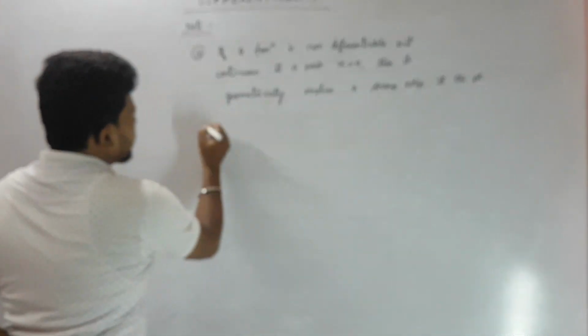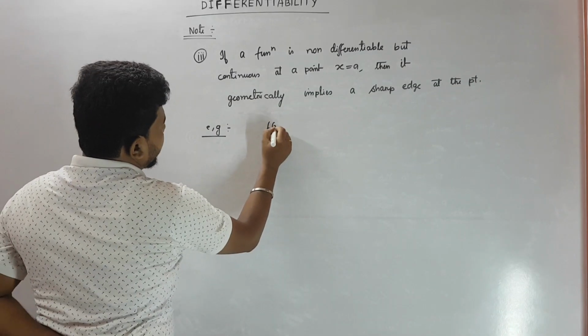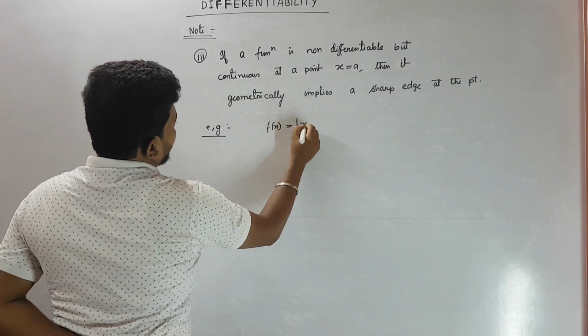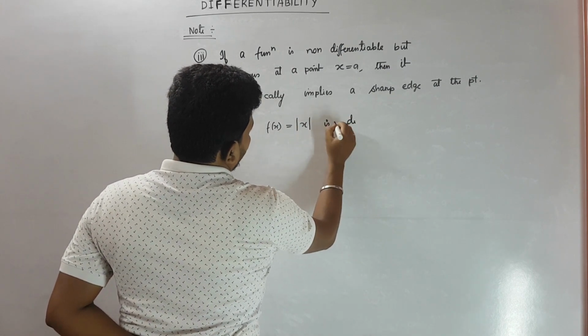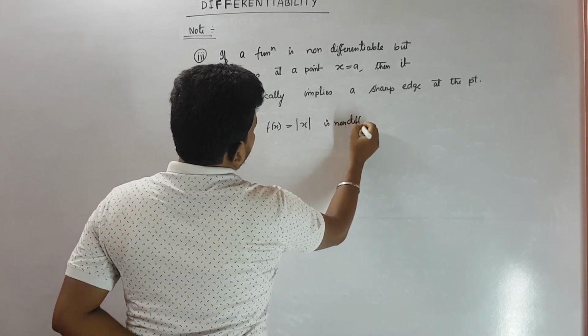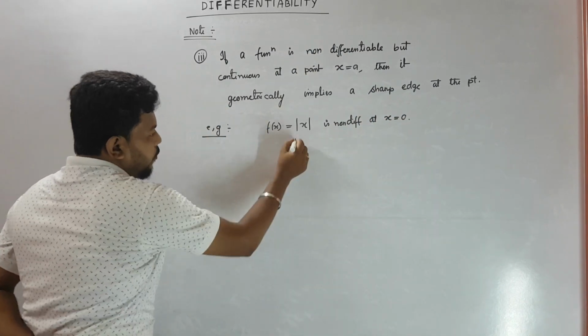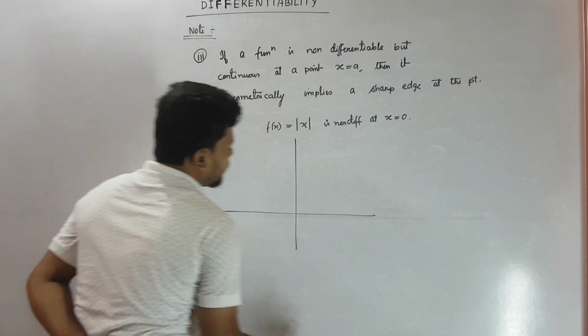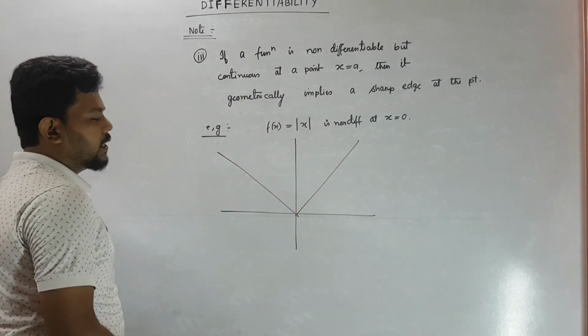For example, f of x is equal to mod x is non-differentiable at x equal to 0. See the graph of this function. This is the graph of mod x.